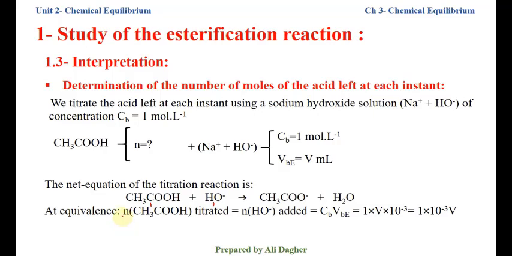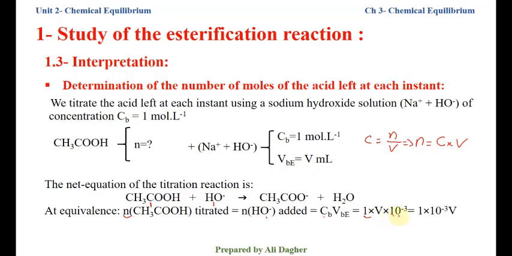We need to calculate the number of moles, but we replace the number of moles of HO minus by Cb times VBE, because we have C equal n over V. Then number of moles equal C times V. Therefore, we can replace the number of moles of HO minus by Cb times VBE. Cb equal 1. VBE in this case should be in liter. The volume is given in milliliter.